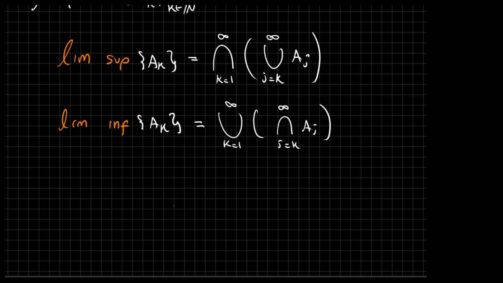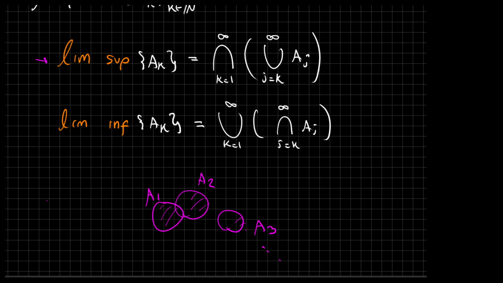Let's say that you have some family of sets A1, A2, A3, and so on. So for the first limit, the limit of the supremum, in the first step, you will make the union of all of these sets. So this will be everything. The first element will be everything.